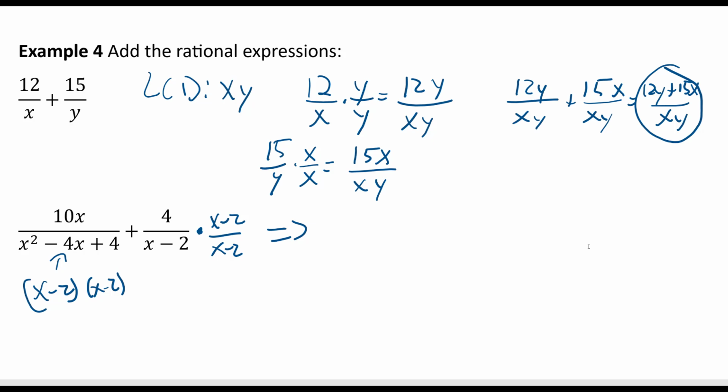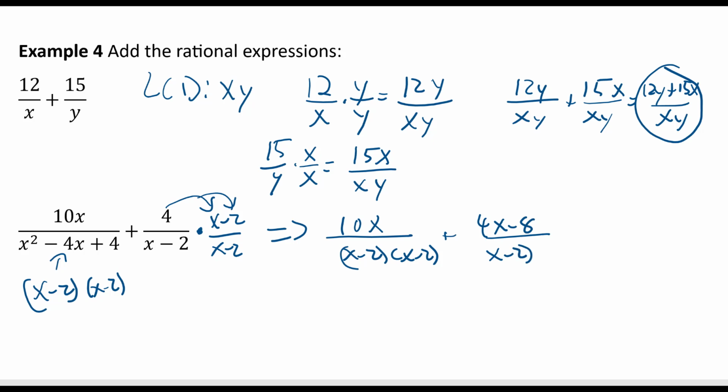So what we're going to have is 10x over x minus 2, let me leave it factored, times x minus 2, plus, now I distribute this 4 across the x minus 2, 4x minus 8 over x minus 2 times x minus 2.